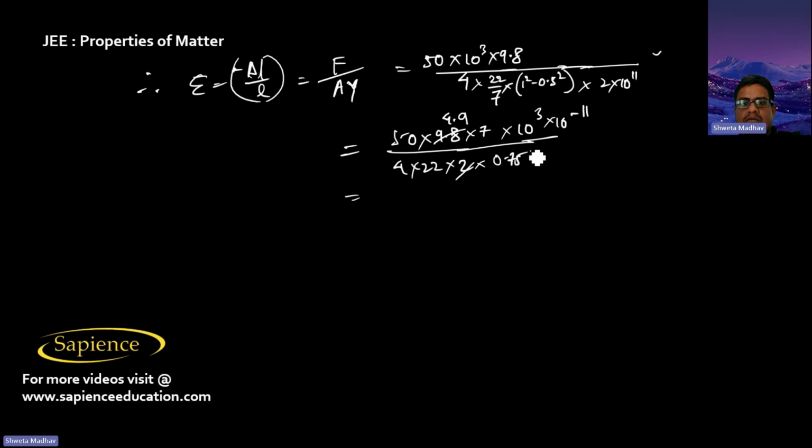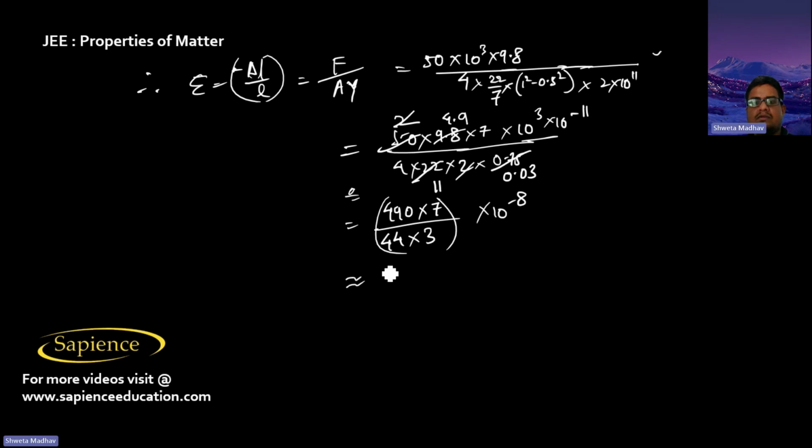This will be 25 3s are 75, 25 2s are 50, 2 11s are 22. So this will be 490 into 7 by 44 into 3, with 10^-8.